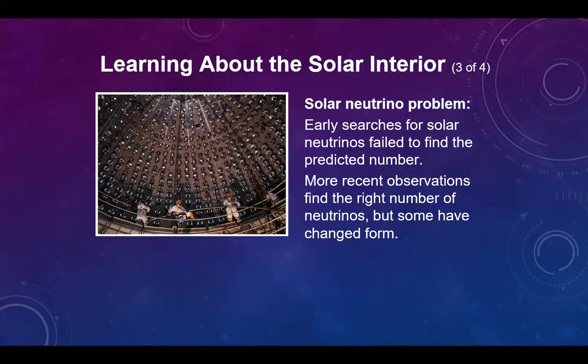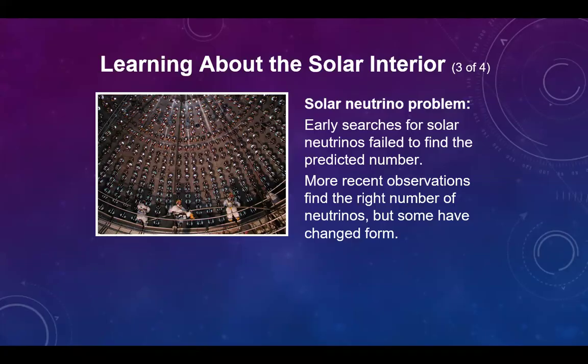And this means that they can oscillate between 3 different flavors of neutrino. There are 3 different flavors, and they can oscillate between them.